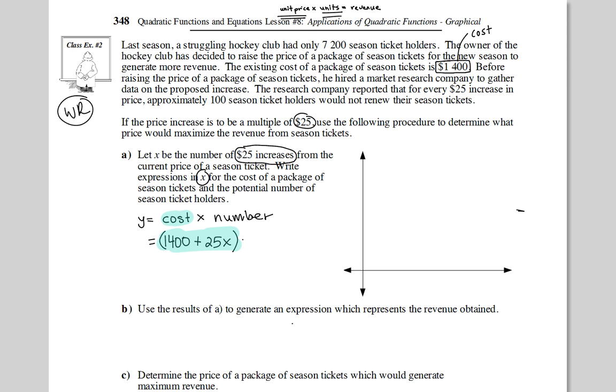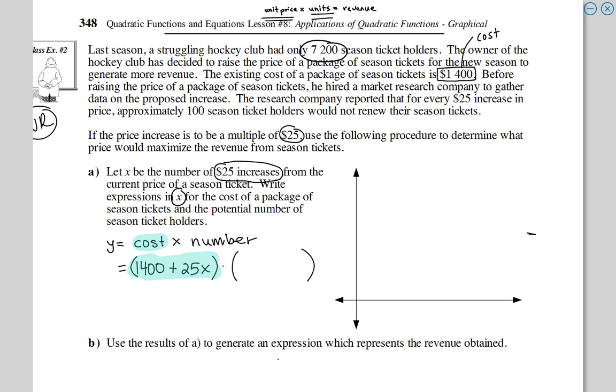And then we're going to multiply by the number. So what happens? Normally they have how many? That's the units, 7,200 units. And every time they increase the price, people are going to be like, wow, I'm not into that, right? So they're going to drop out. So we're going to minus how many times each?